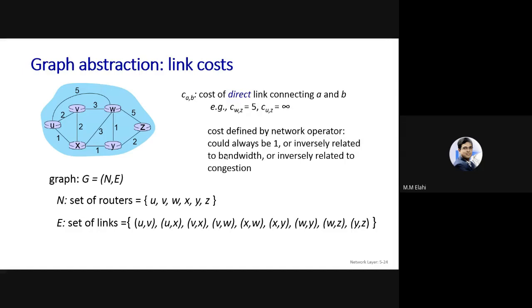And also there is a term C(A, B) that indicates the cost of a direct link.